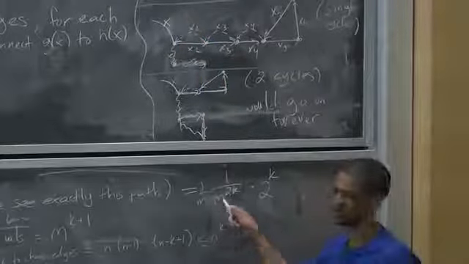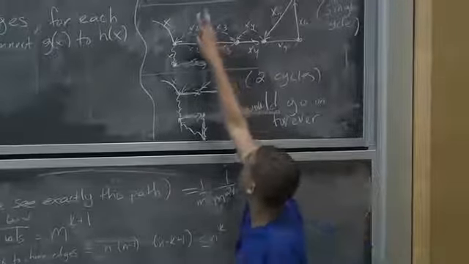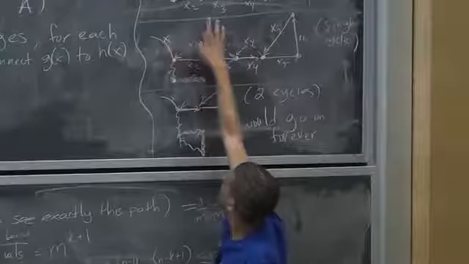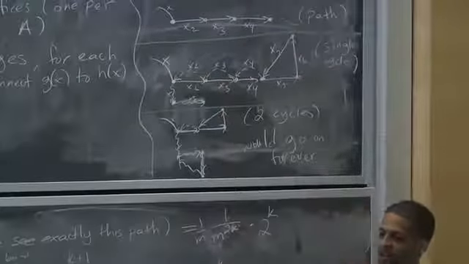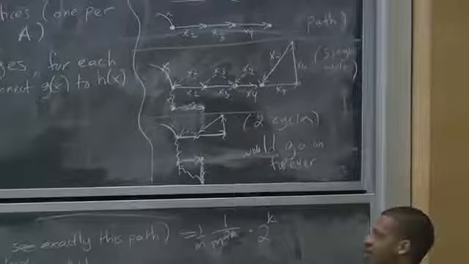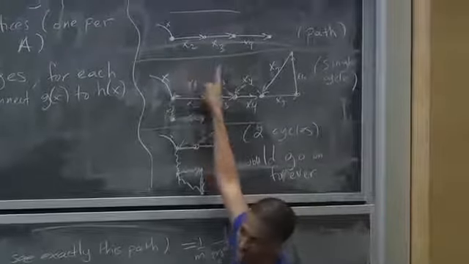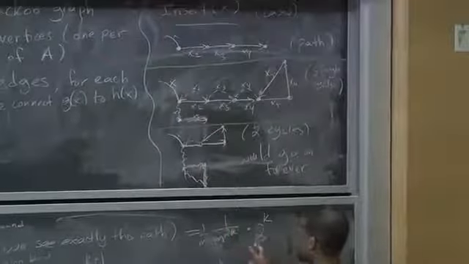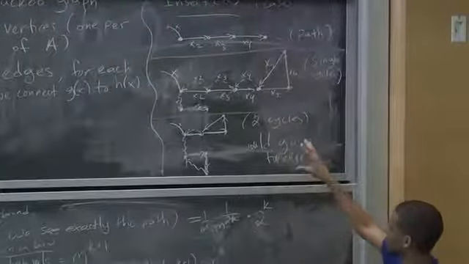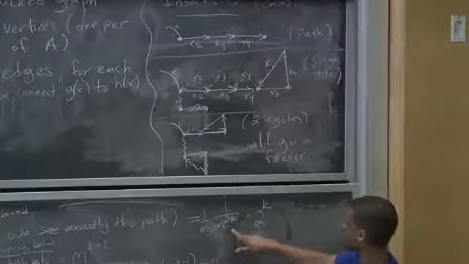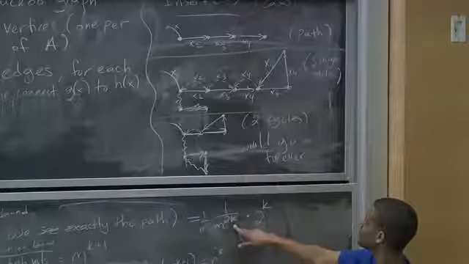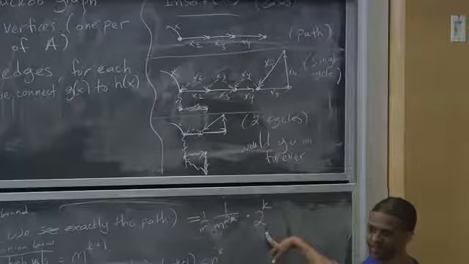It's 1 over m. And what's the probability that g of x2 is that and h of x2 is that? It's 1 over m squared. But it could also be the other way around. It could have been h was that and g was that, right? So there are two choices. So the probability of seeing exactly this configuration is 1 over m for x landing there with g, times 1 over m squared to the k for everybody else, times 2 to the k.